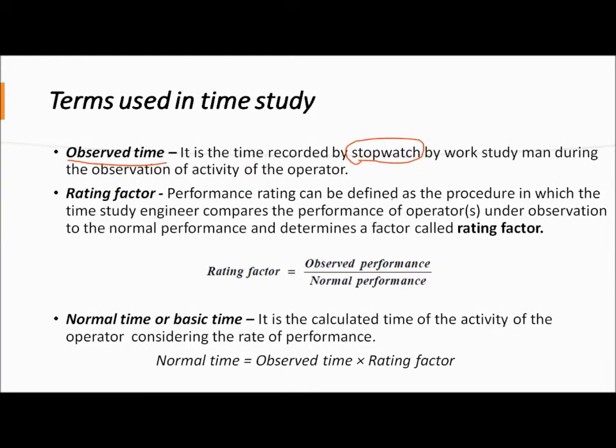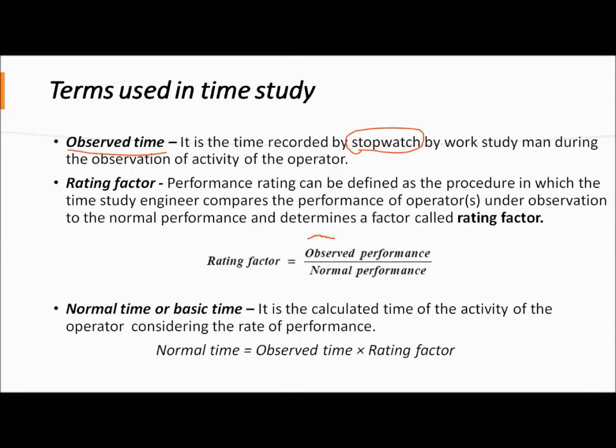Now the rating factor. Rating factor is actually observed performance divided by normal performance. So there will be an observed performance value and a normal performance value. If you divide this, then you get what is called the rating factor.